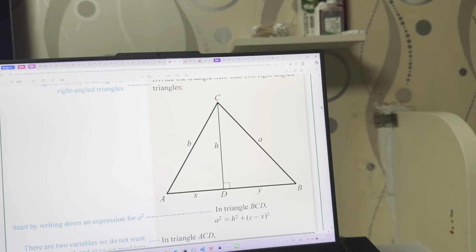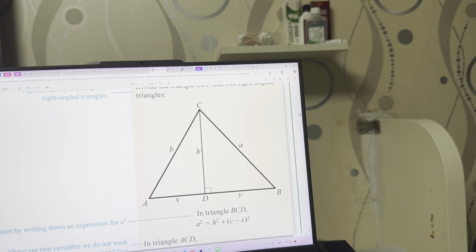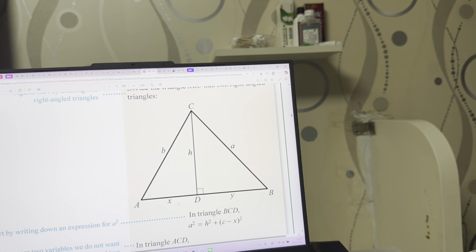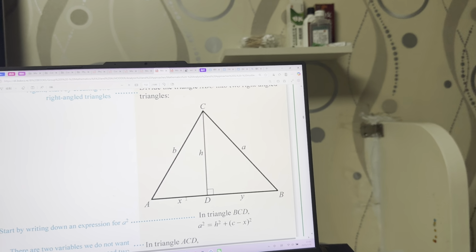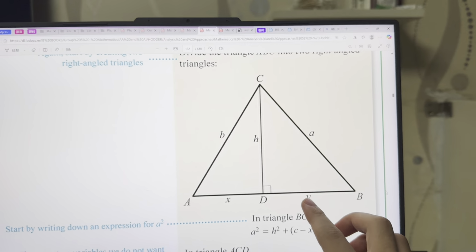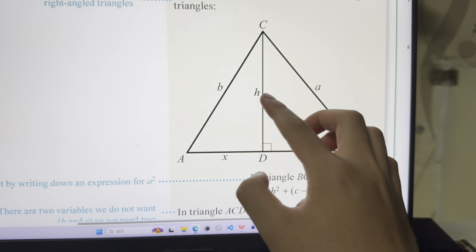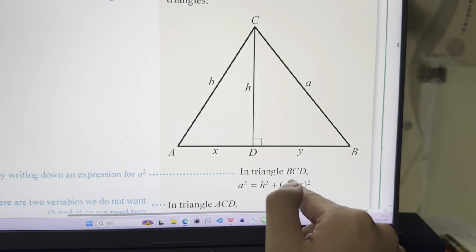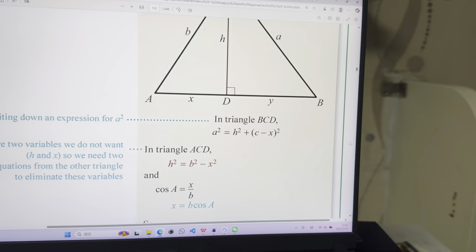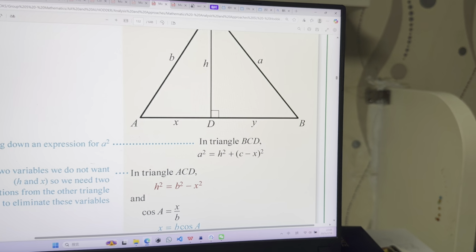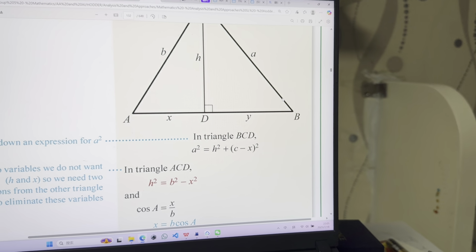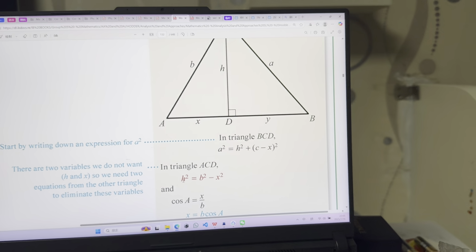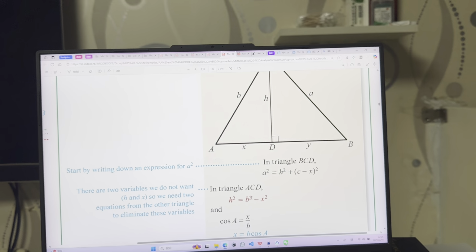So we know that a squared is equal to h squared plus c minus x squared. Yes, the whole thing is c, even though they use y. Because a squared is equal to h squared plus y squared, and y is equal to c minus x. And h squared is equal to b squared minus x squared.